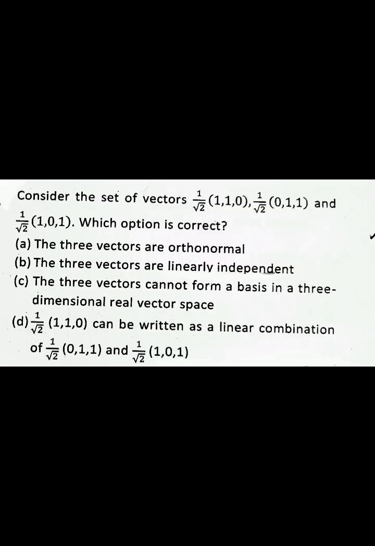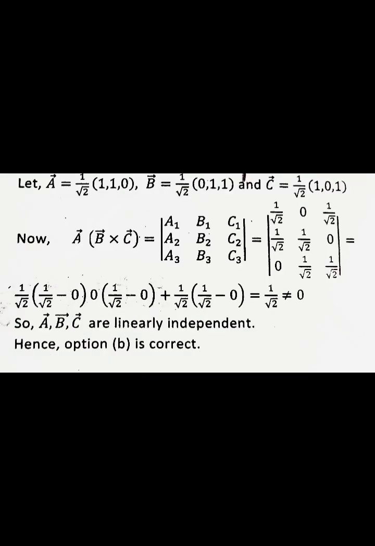The next question is, consider the set of vectors 1 by root 2 (1, 1, 0), 1 by root 2 (0, 1, 1) and 1 by root 2 (1, 0, 1). Which option is correct? Here A is equal to 1 by root 2 (1, 1, 0), B is equal to 1 by root 2 (0, 1, 1) and C is equal to 1 by root 2 (1, 0, 1).